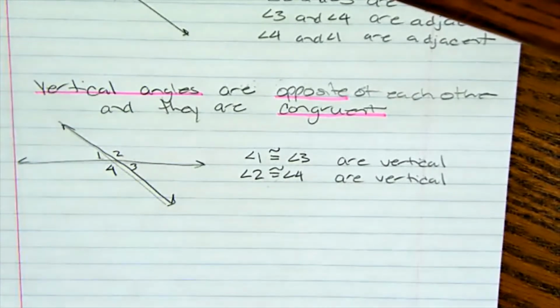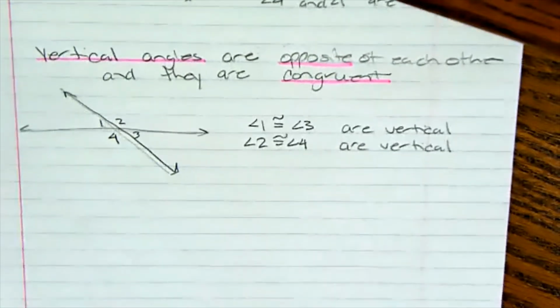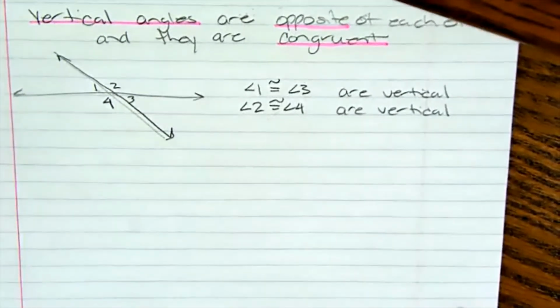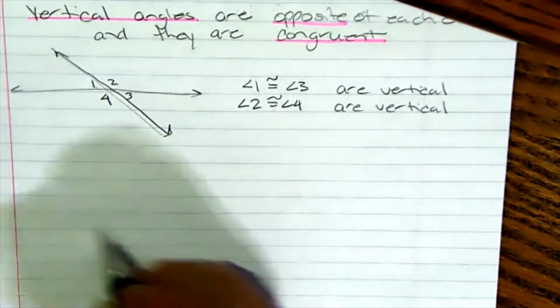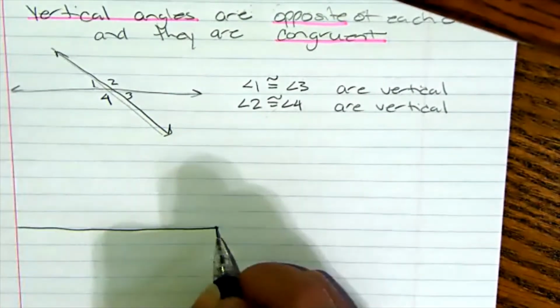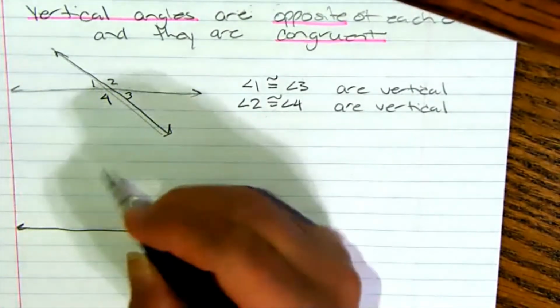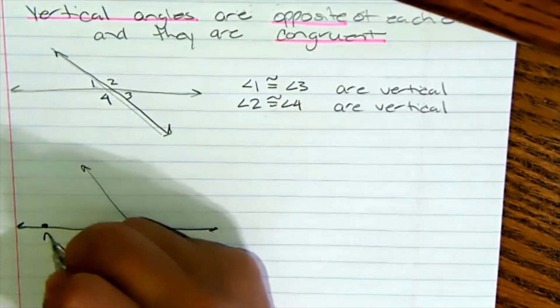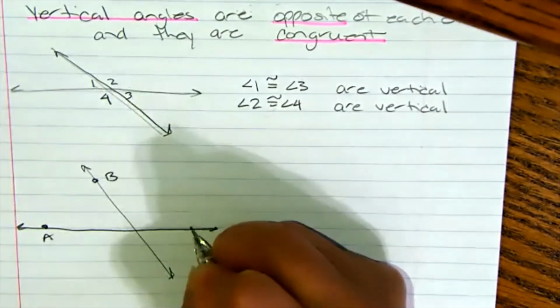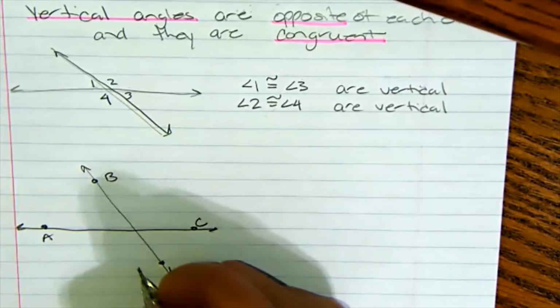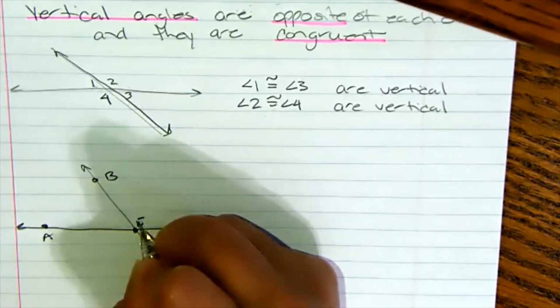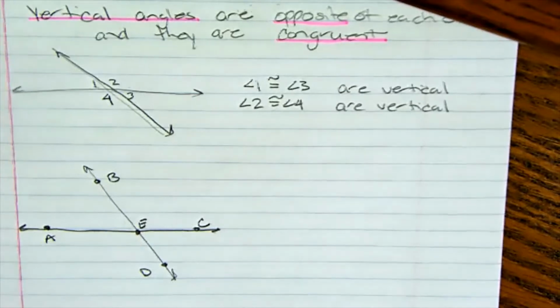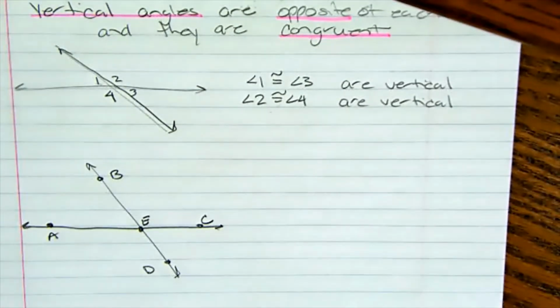Okay? Now let's talk about labeling angles. How do we label angles? A, B, C, D, E. We label the points on the angle in the same order that they appear.